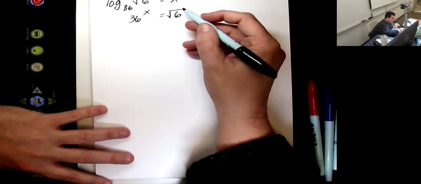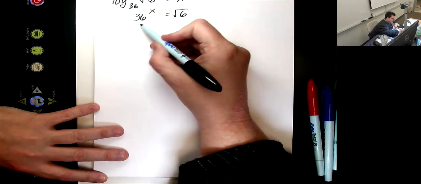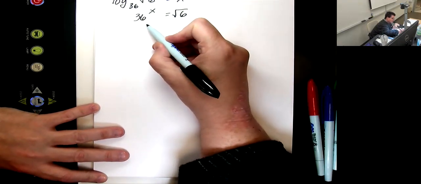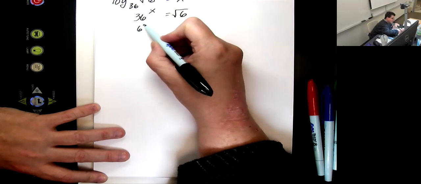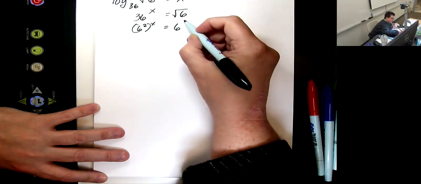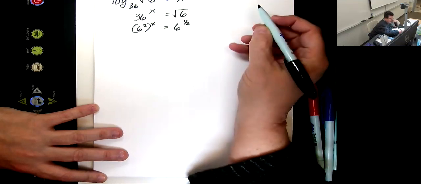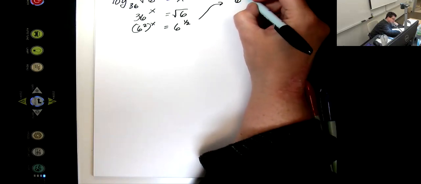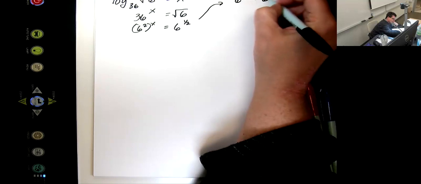We just learned how to solve this. Let's change these up into things where we have matching bases. 36 is 6 squared. And the square root is the 1/2 power. So this becomes 6 to the 2x equals 6 to the 1/2.